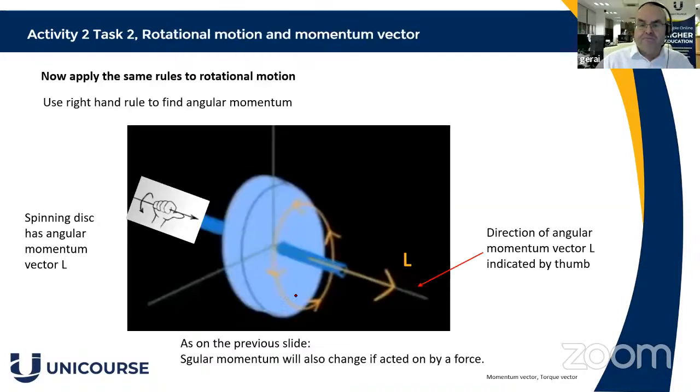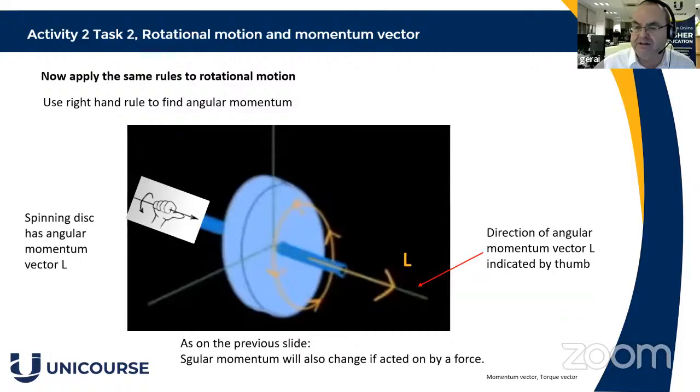Right, this image is taken from the same source as well, but I've added a few extra bits to it. What we need to do now is to determine the rotational momentum vector. Spinning disks have an angular momentum, and we're going to give that the symbol L. Now, to find out the direction of that vector, you use something called the right-hand rule.